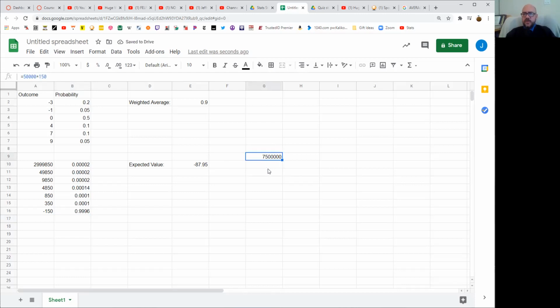So that's 7,500,000. Well, they only pay out a little over $3 million in prizes, right? So the total amount of money that they take in exceeds the total amount of money that they pay out. And if you just take that difference and divide by the number of tickets, the thing that you'll get is this, negative 87.95.